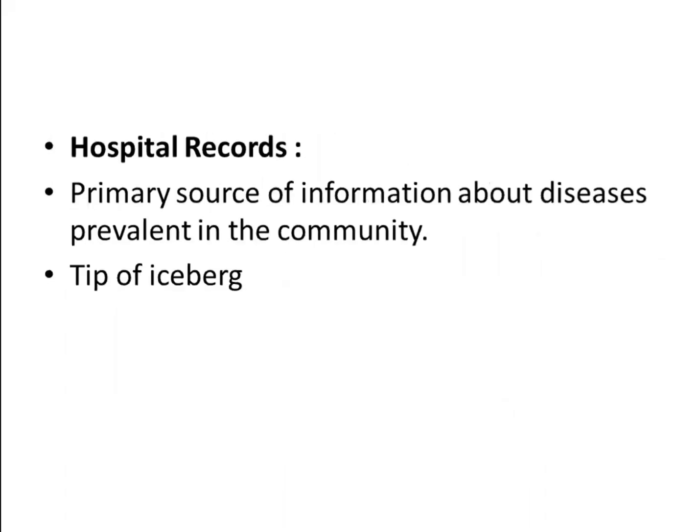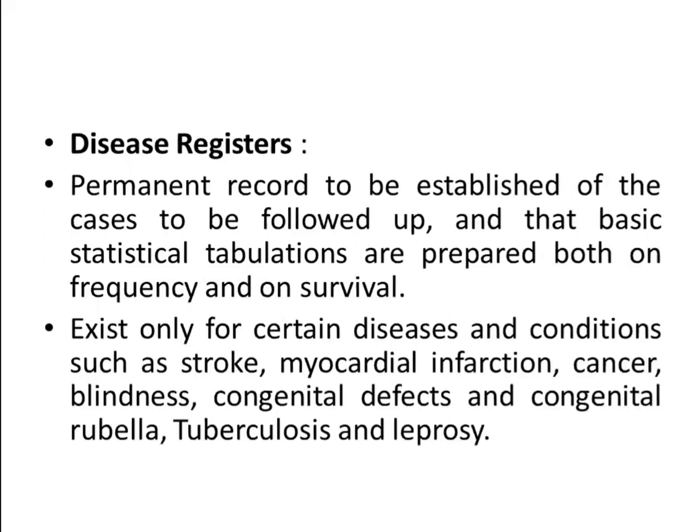Hospital records, primary source of information about diseases prevalent in the community. Tip of the iceberg. Disease registers: a permanent record of the established cases to be followed up, and basic statistical tabulations are prepared both on frequency and on survival.